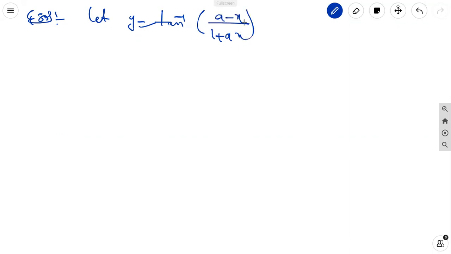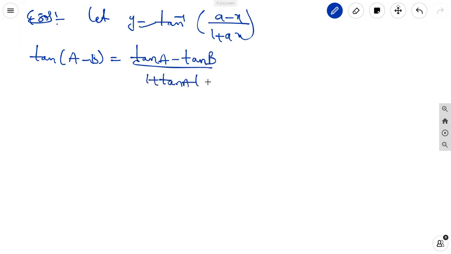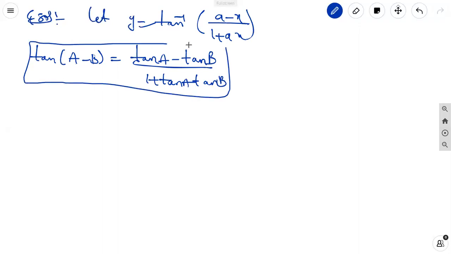By seeing this, we recall the formula: tan of A minus B is equal to tan A minus tan B by 1 plus tan A tan B. The tan inverse of this function is involved in this formula.